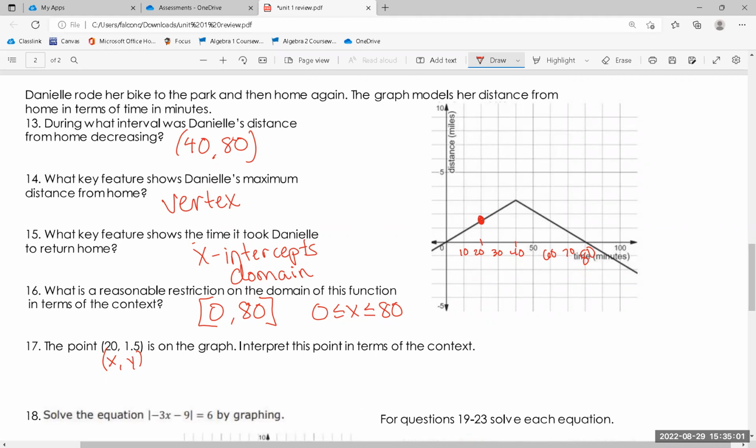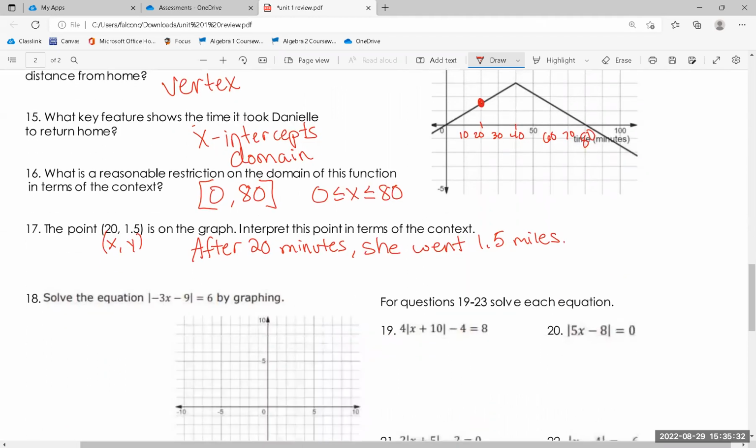So for this problem, this means that after 20 minutes, because the x is minutes, she's gone some amount of distance. Sorry, she went 1.5 miles. So after 20 minutes, she goes 1.5 miles.